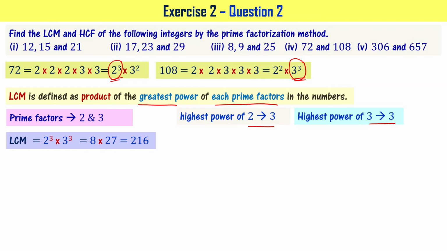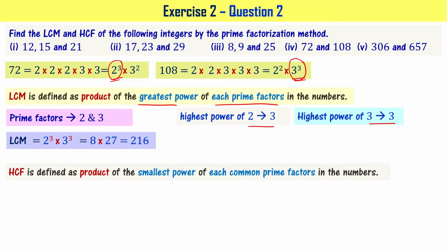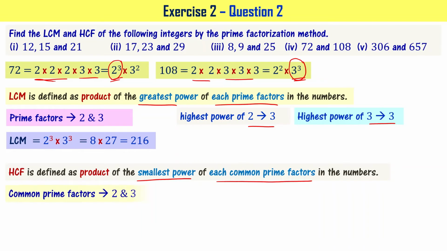Now let's find HCF. HCF is defined as product of smallest power of each common prime factors. What are the common prime factors? Number 2 and number 3, right? These are common. Number 2 is common in both the numbers and number 3 is also common in both the numbers. That's why 2 and 3 are the common prime factors. And what are their smallest powers?